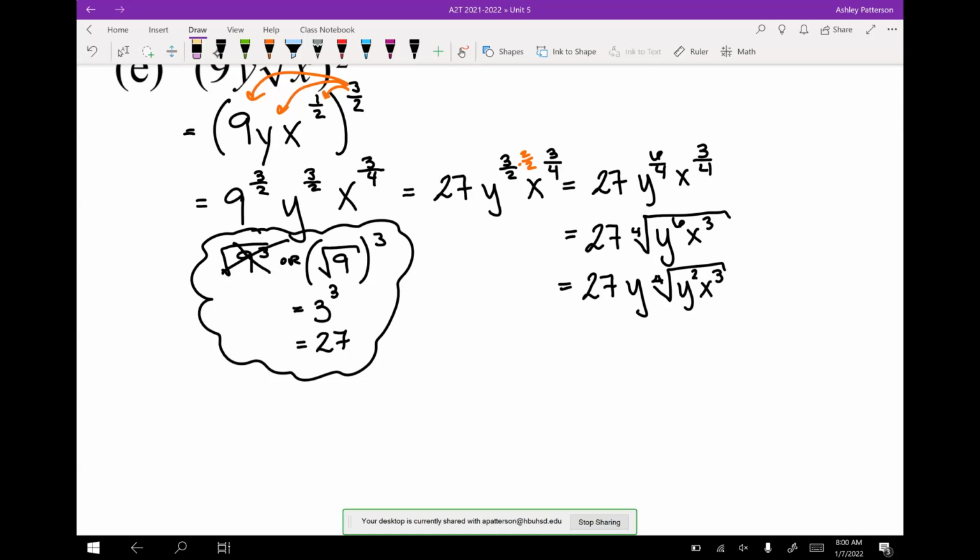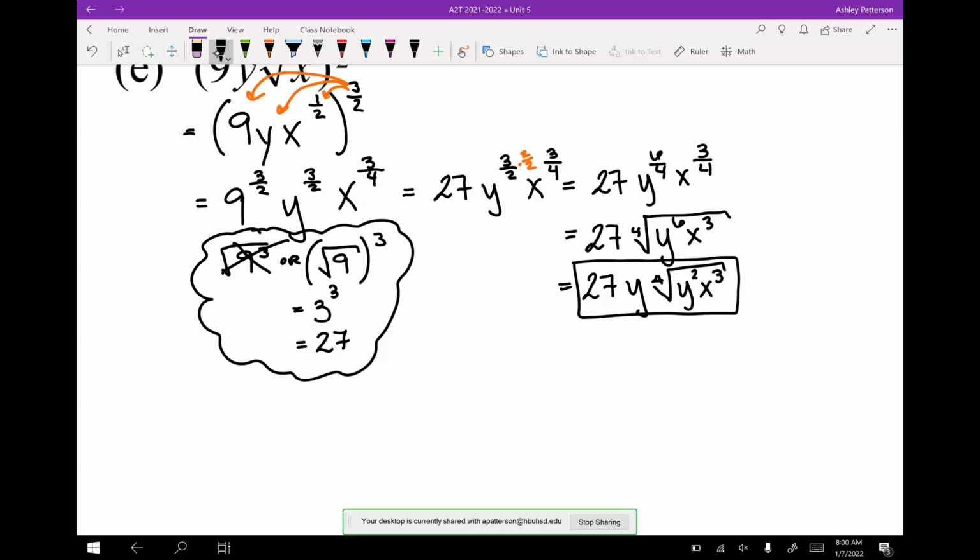This gets tricky because it gets down to the question, how far do I go? When do I stop? If you stopped right here and said this was your final answer, I would accept that.